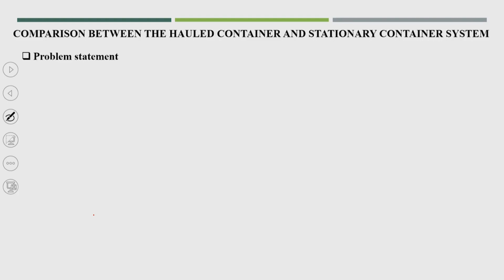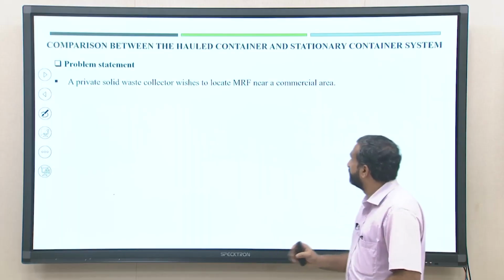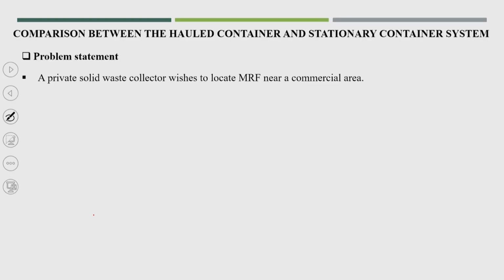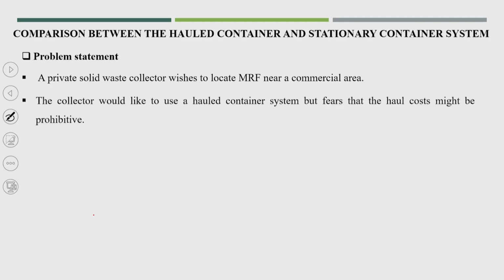So, we will directly go for the problem, and the problem statement is: a private solid waste collection vehicle is located at an MRF, a material recovery facility or recycling facility, near a commercial area. One private waste collector would like to use the haul container system, but fears that the haul cost might be prohibitive.